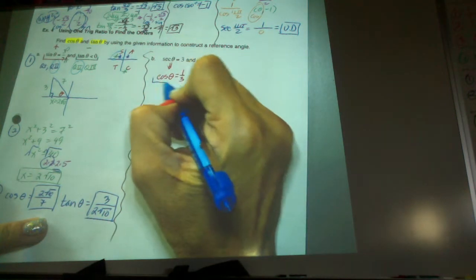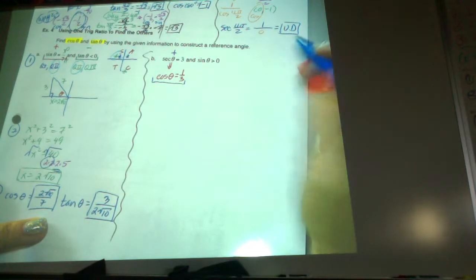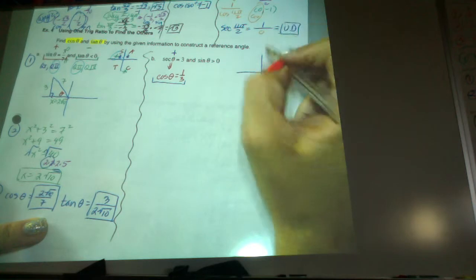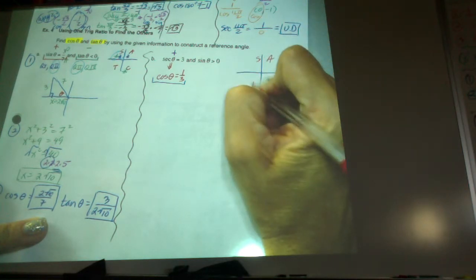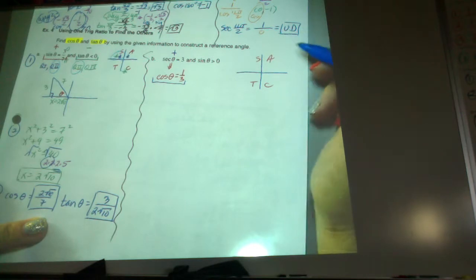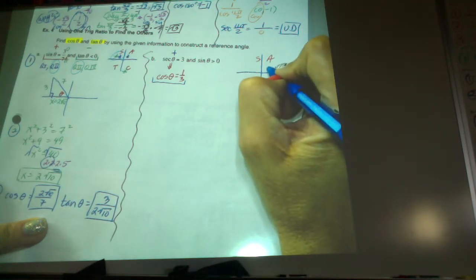So cosine is positive, isn't it? So in my coordinate grid, all students take calculus. Where is cosine positive? 1 and 4.